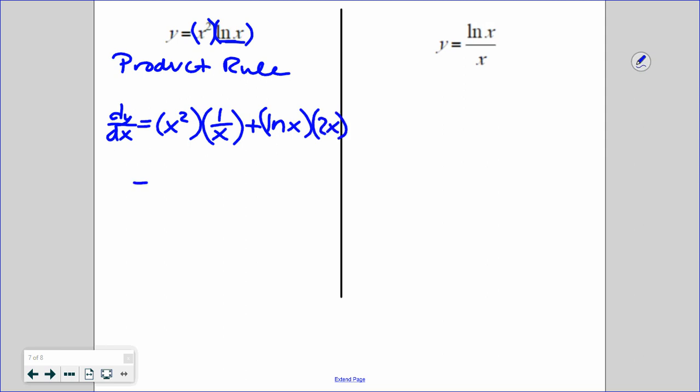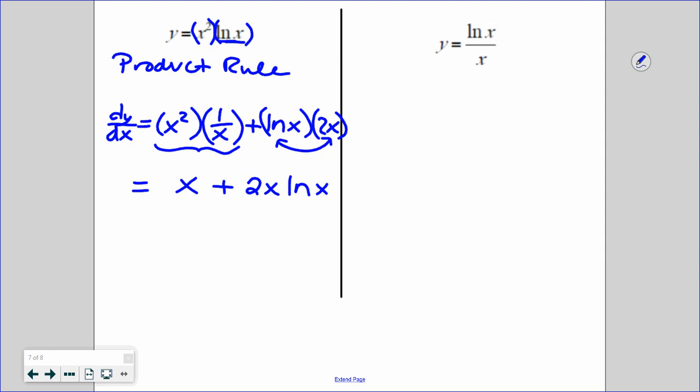And then this will simplify a little bit, because x squared times 1 over x will just simplify to equal x. And then, just so I can drop the parentheses, I'm going to switch the order here and just make it 2x times natural log of x. And if you write it like that, you can get rid of all the parentheses. We could maybe factor out an x.